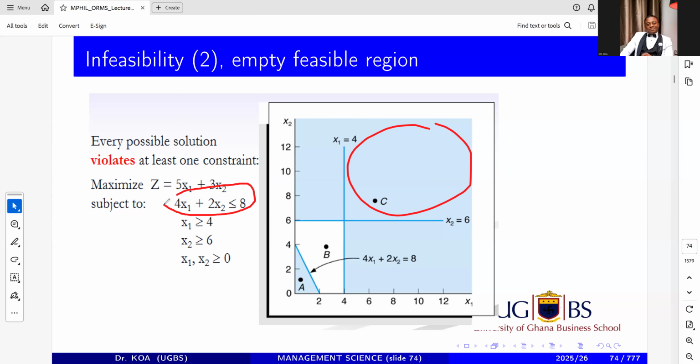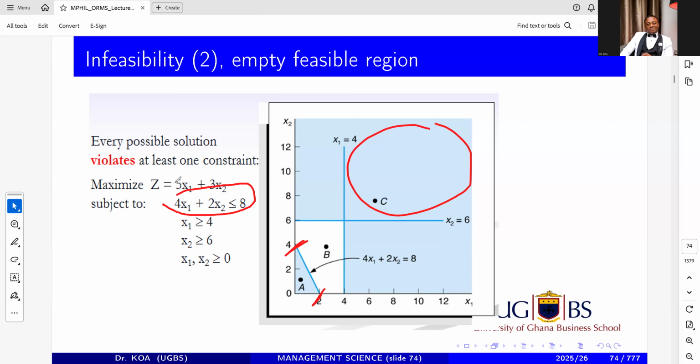This constraint says that if X2 is 0, X1 is 2, isn't it? So that's here. And then it says if X1 is 0, X2 is 4. So that's here. This constraint is not intersecting with any of the other two. So it has created another feasible solution area. Once we have two different areas, we have no solution.